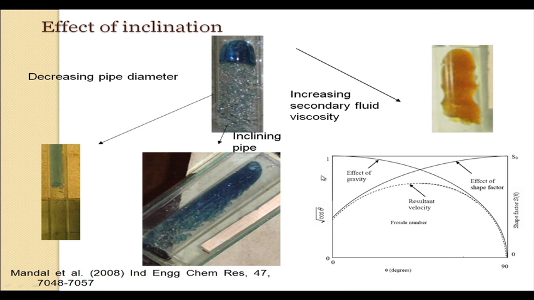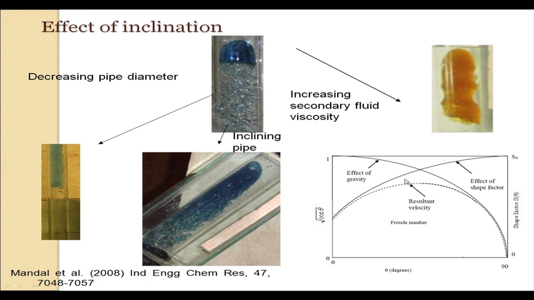And this particular opposing effect of gravity and channel shape is represented in the graph, which shows that the gravitational effect decreases with inclination from vertical. The shape factor shows that the bubble keeps on becoming more and more pointed till some particular angle of inclination, and then of course it again becomes rounded when we make the tube completely horizontal.